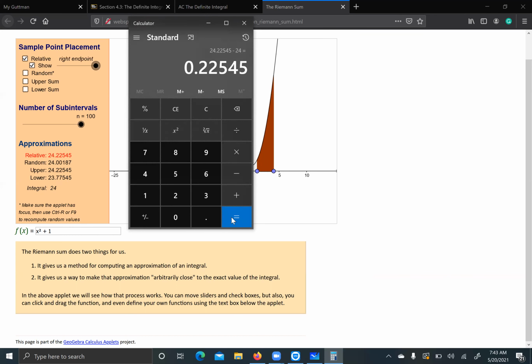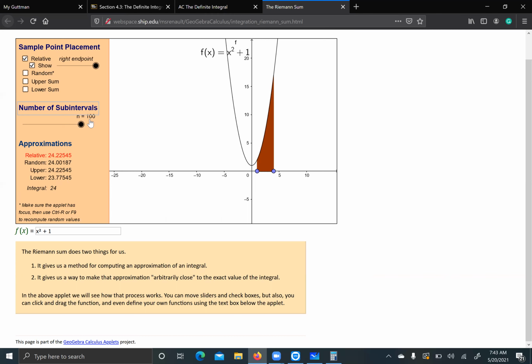My point is that when the number of subdivisions is large enough, then it doesn't matter whether you do a left Riemann sum, right Riemann sum, midpoint Riemann sum, or any arbitrary value in between. No matter which one you do, the error that you get is so small, and that's a good approximation.